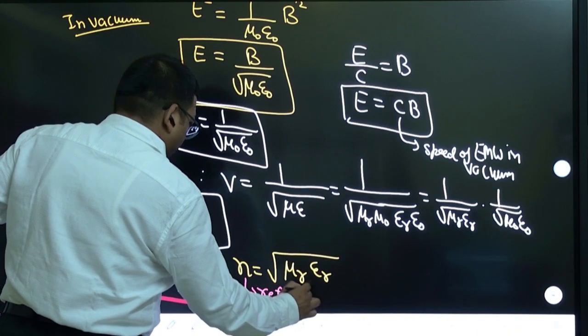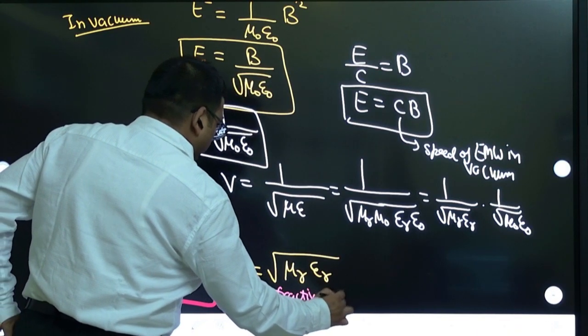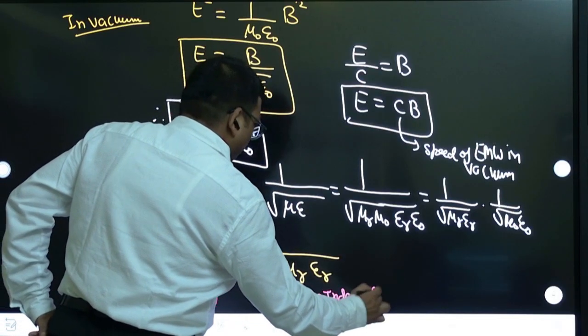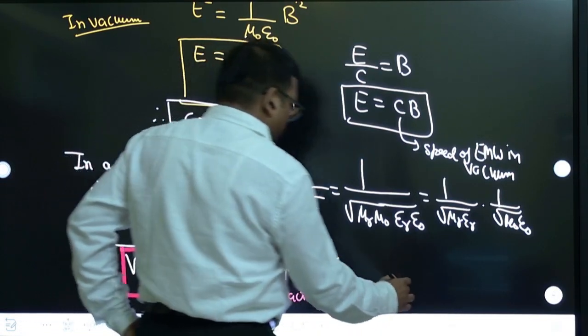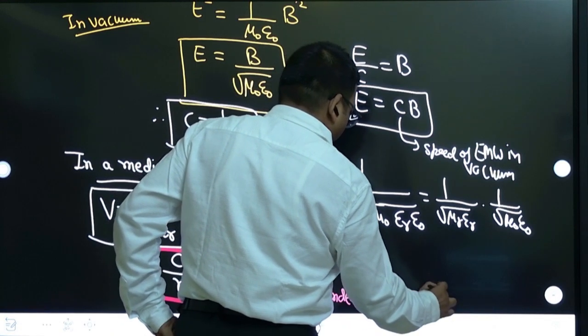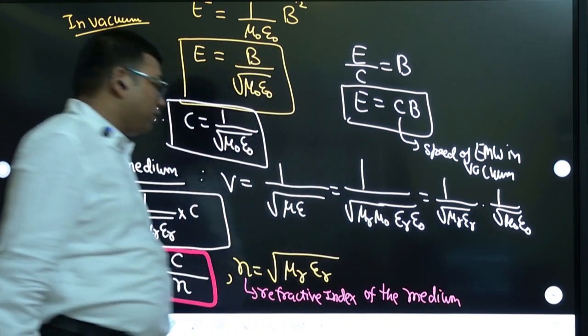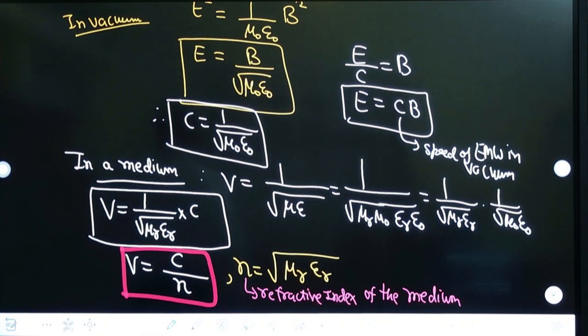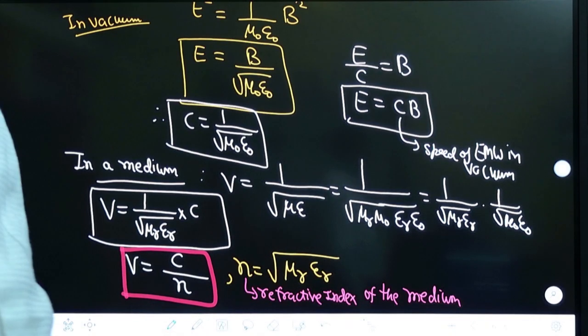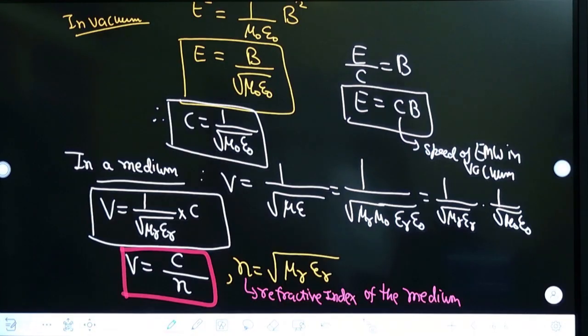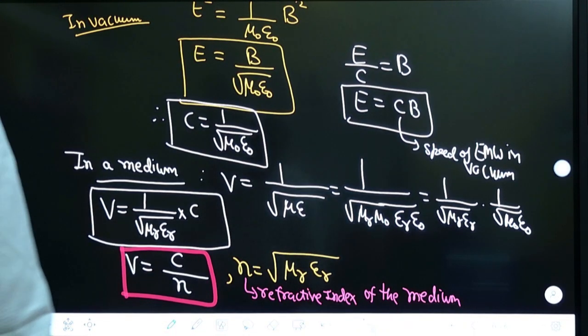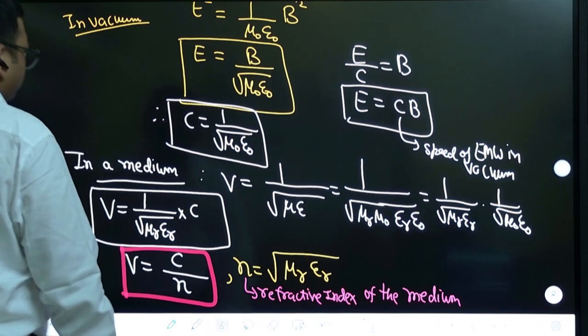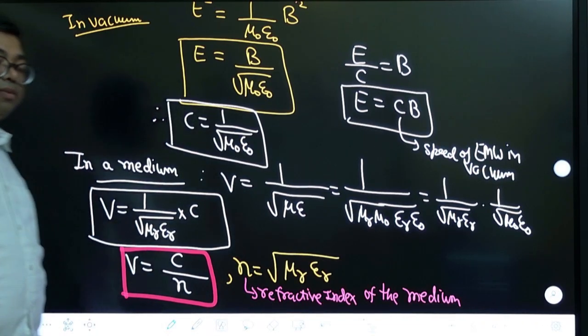N is called the refractive index of the medium. N is nothing but the refractive index of the medium, which will be used in the refraction of light in the next chapter, ray optics, which is going to be a major chapter, whether it is JEE or NEET or board exam.